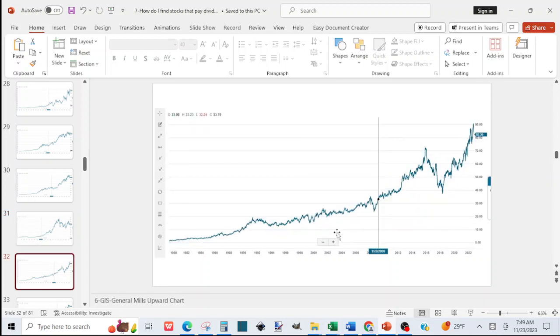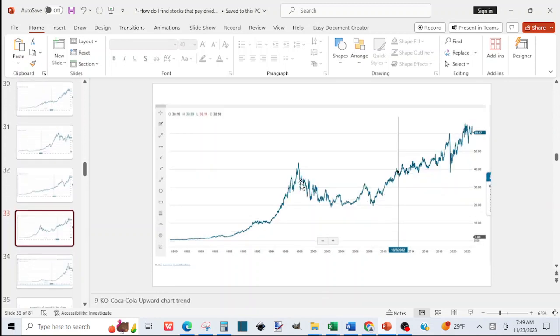But yeah, another upward trend is General Mills. And General Mills, you can see the teeth are kind of small for the zigzag, and you do have some pronounced ones, but not really. And then it went back up.